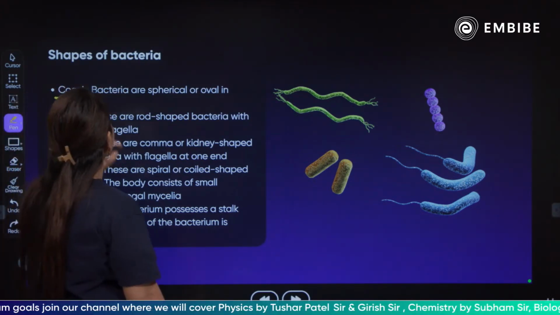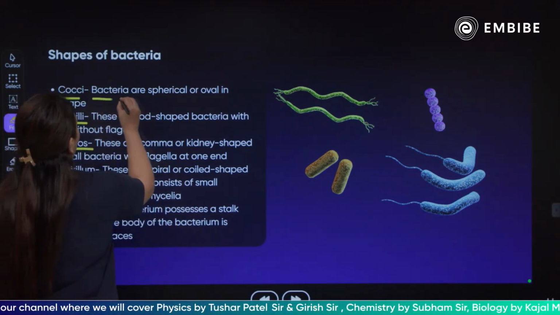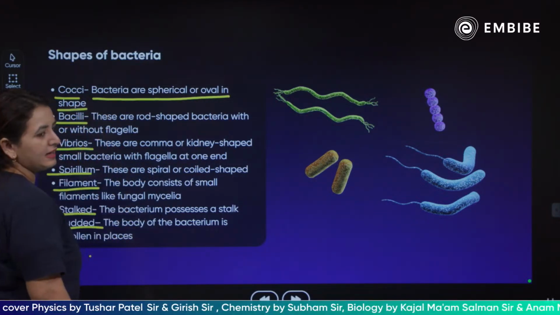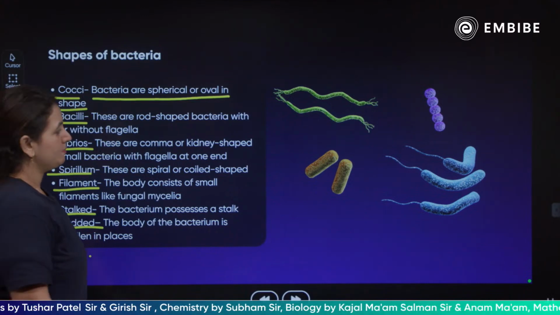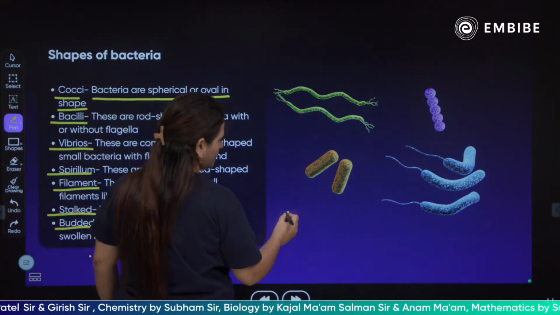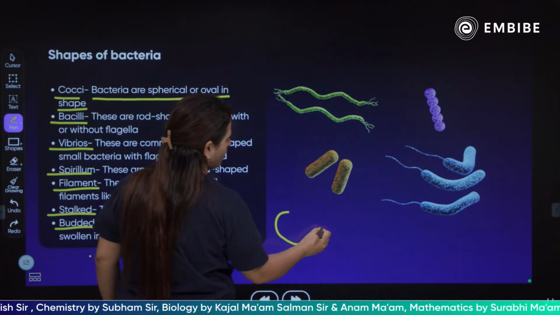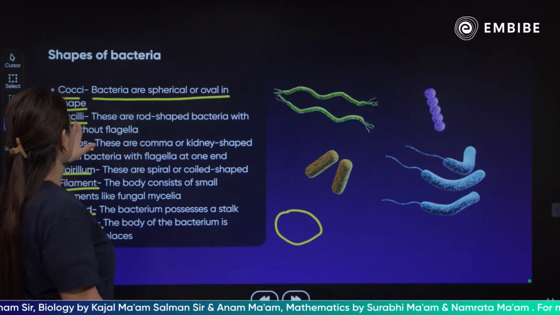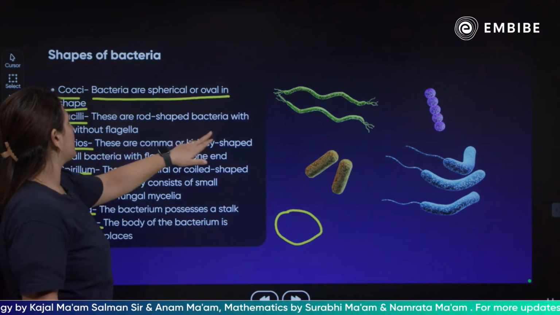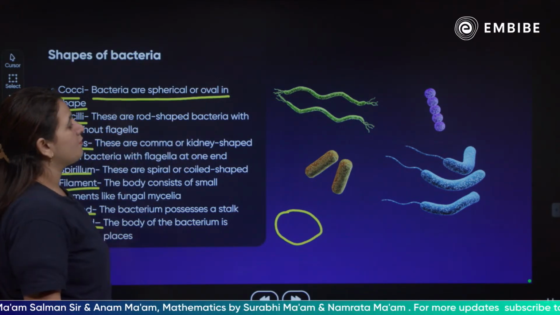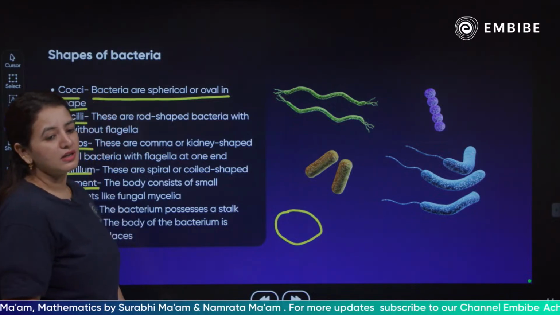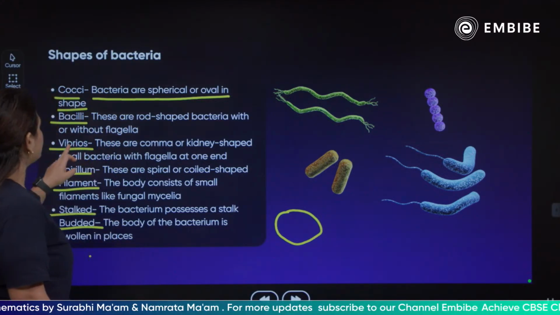Talking about the cocci, these bacteria are typically spherical or oval in shape. Talking about the bacilli, these are rod shaped, with or without flagella. Next are the vibrios.